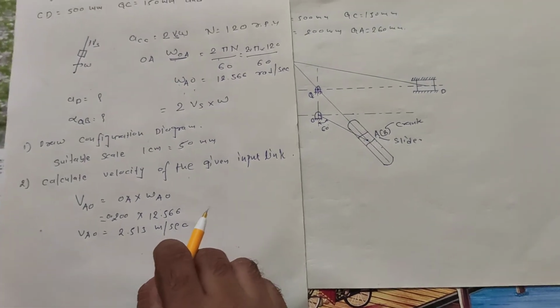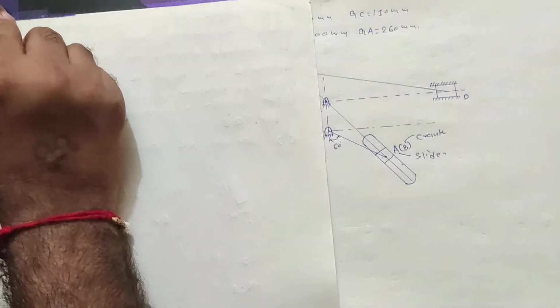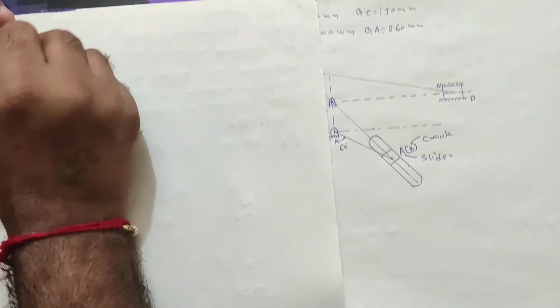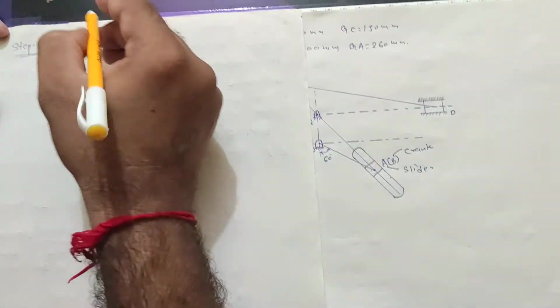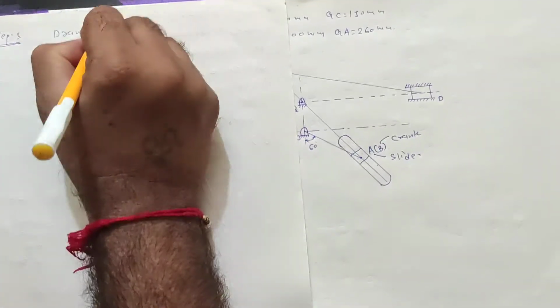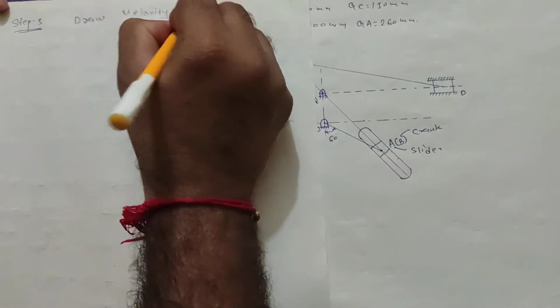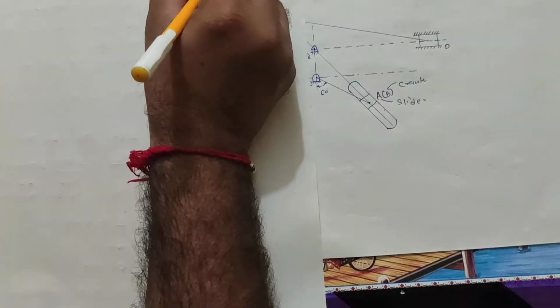Now step 3, draw a velocity diagram. Before drawing a velocity diagram, what do we have to consider?